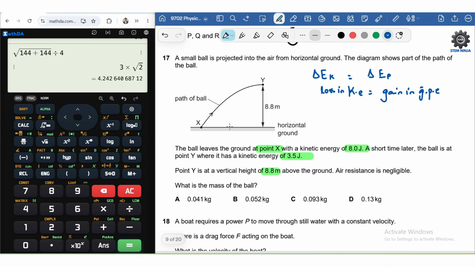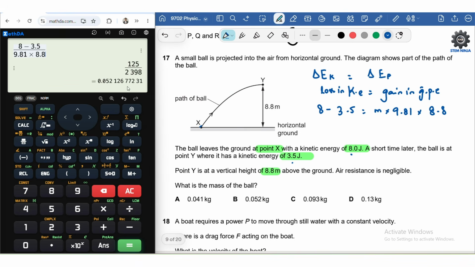Simply, we are given 3.5. So loss is initial minus final, and gain in potential energy would be m times 9.81 times height 8.8. So you will have 8 minus 3.5 divided by 9.81 times 8.8. So you have 0.052. B.